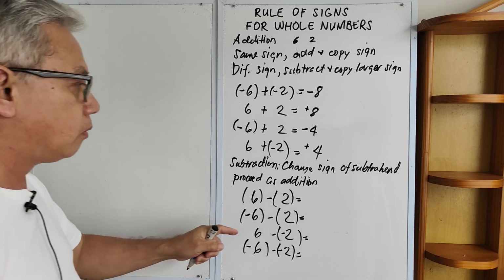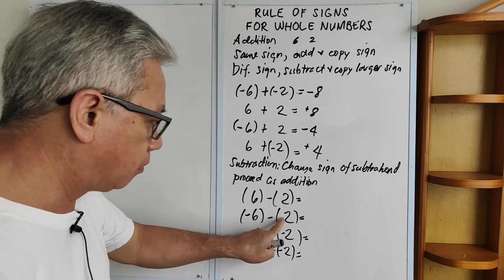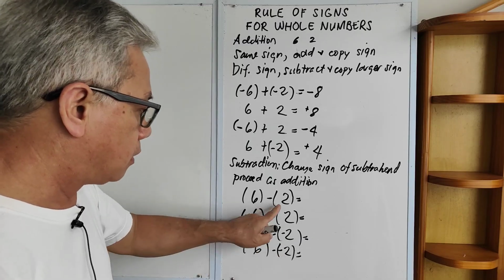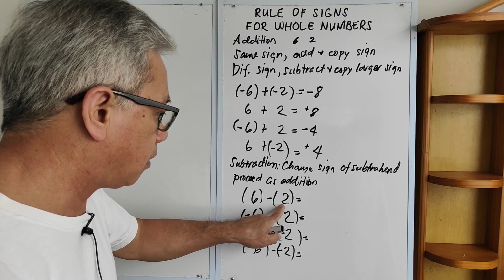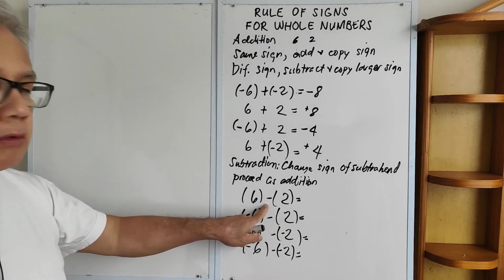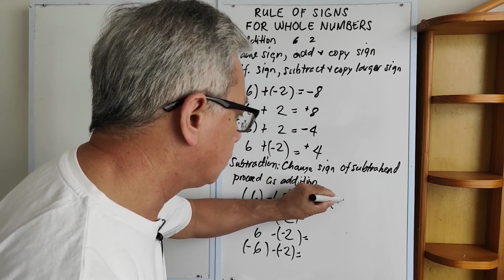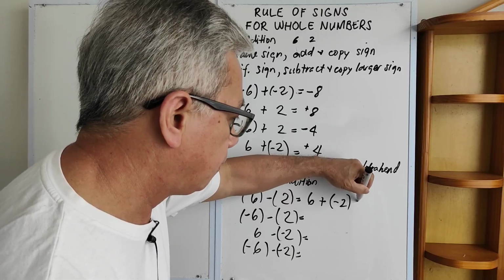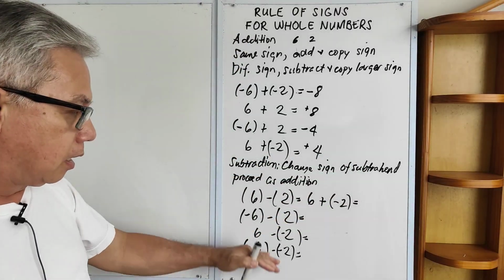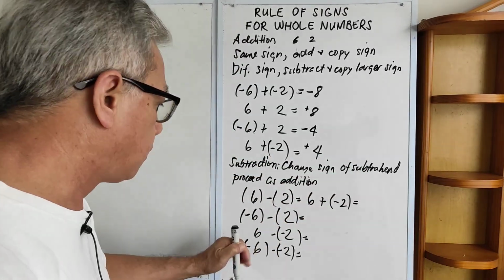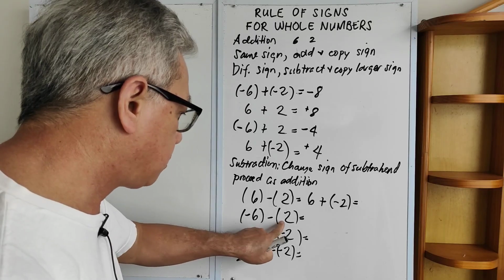So we have to change the sign of the second number. So this one will become negative 2, but we will make this into addition. So this will become 6 plus negative 2. In here, this is positive 2.